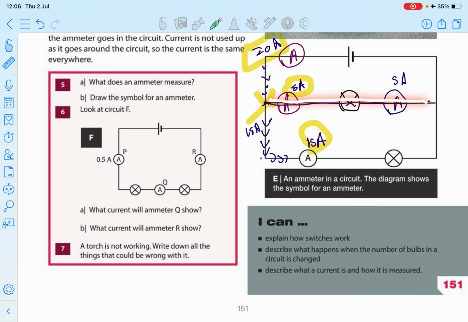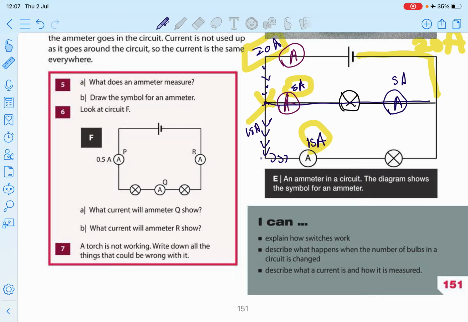In this branch it is 5 amperes, in this branch it is 15 amperes, and until the junction it is 20 amperes. The 5 and 15 come together, and after the junction it is again 20 amperes. That is the relation that you need to know.